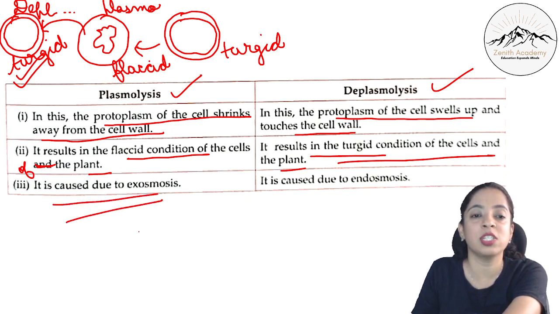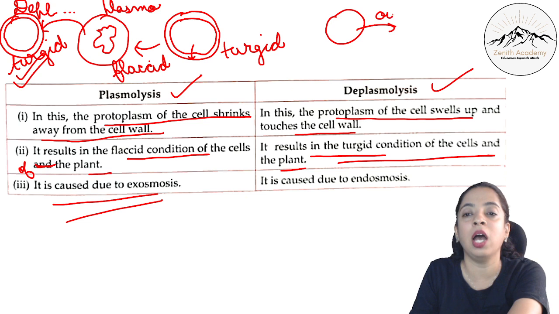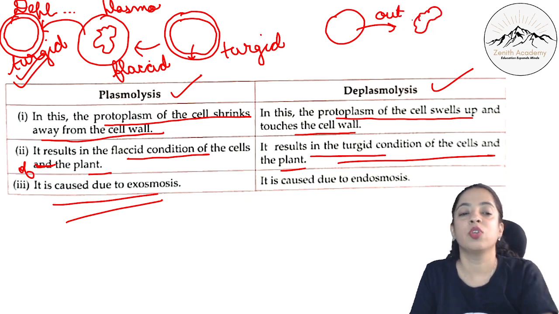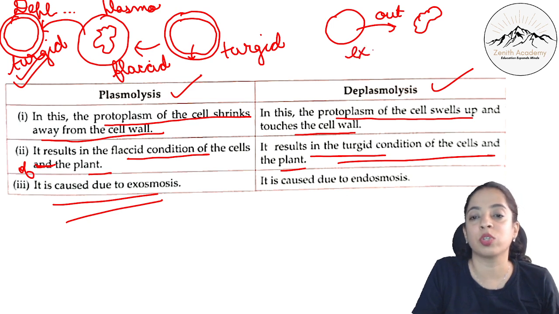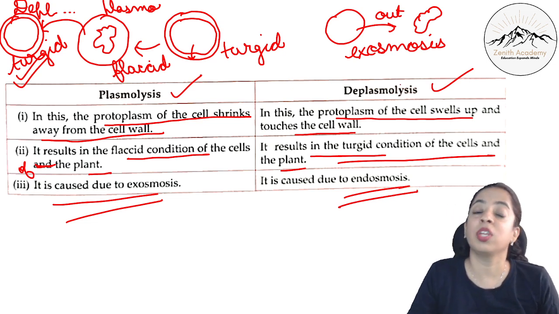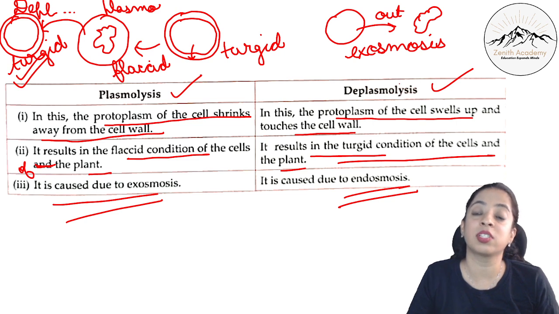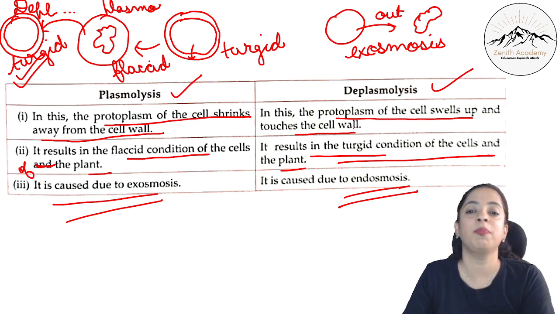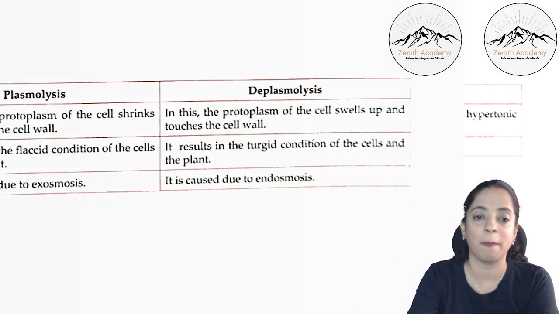You know exosmosis, the water has moved out from this cell. So if this is a cell, water is moving out, it will shrink, and this is plasmolysis. Deplasmolysis occurs due to endosmosis. I hope you have understood, and this is very clear. So this is how a 3-mark question can be put up for differentiate between plasmolysis and deplasmolysis.